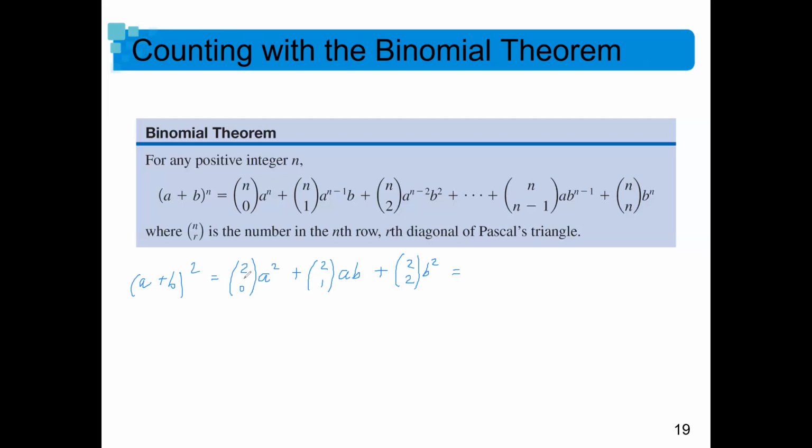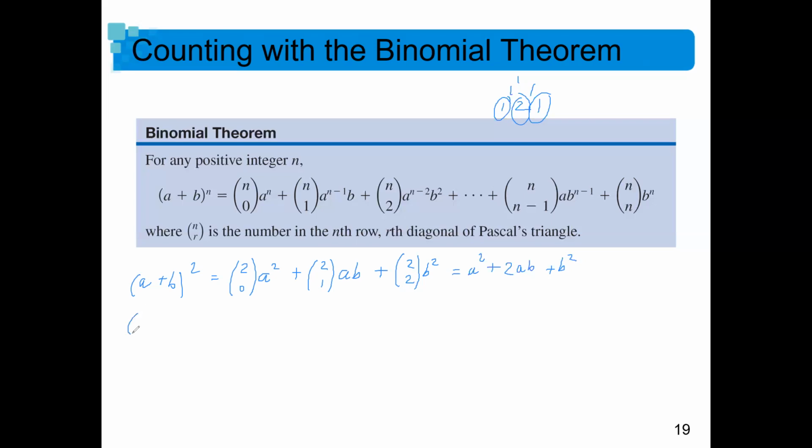So if we simplify that, if we just draw the Pascal's triangle 1, 1, 1, 1, 2, 1, this is 2 choose 0, so 1, so a squared. And 2 choose 1 is 2. Even if you solve that using the formula, you will get 2ab plus, 2 choose 2 is 1, so b squared.